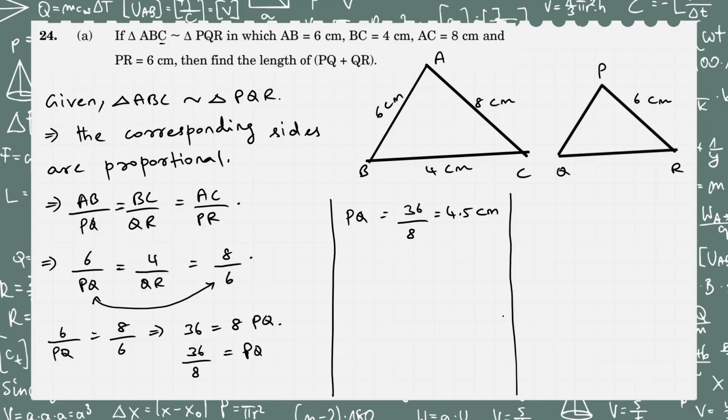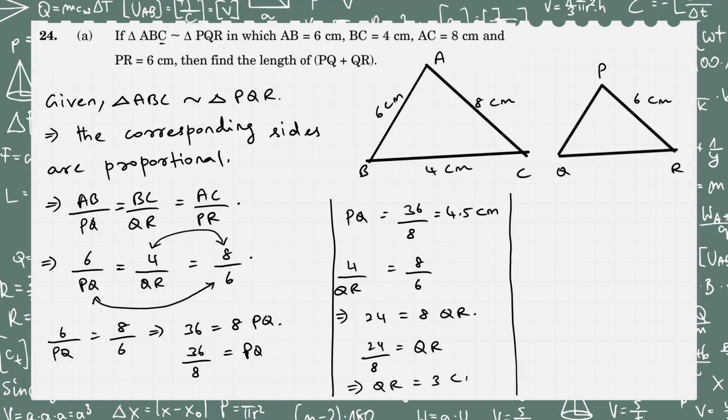Now moving on to the next ratio, comparing these two ratios, 4 by QR and 8 by 6, we get 4 by QR equal to 8 by 6 implies 24 equal to 8 QR, isn't it? So QR equal to 24 divided by 8, that will give us QR equal to 3 centimeter.